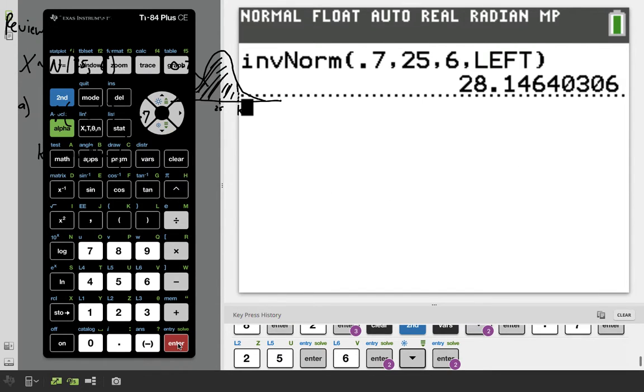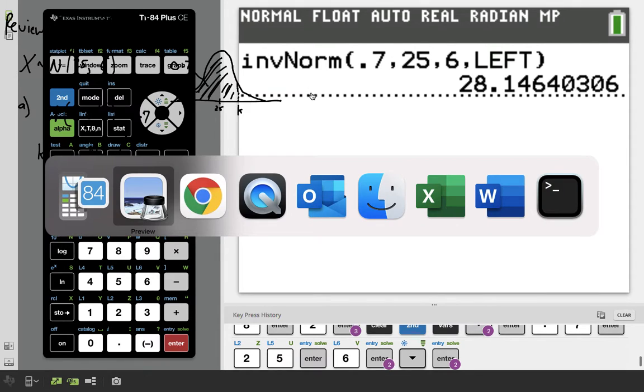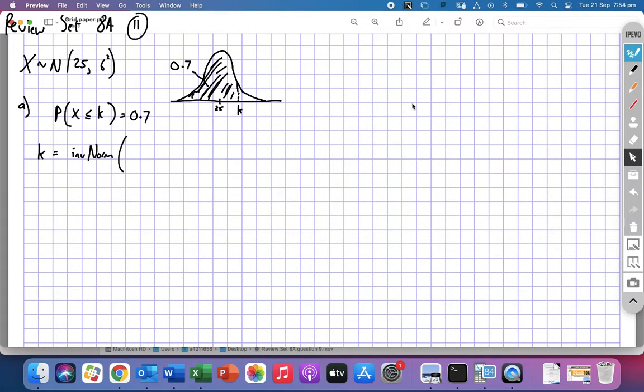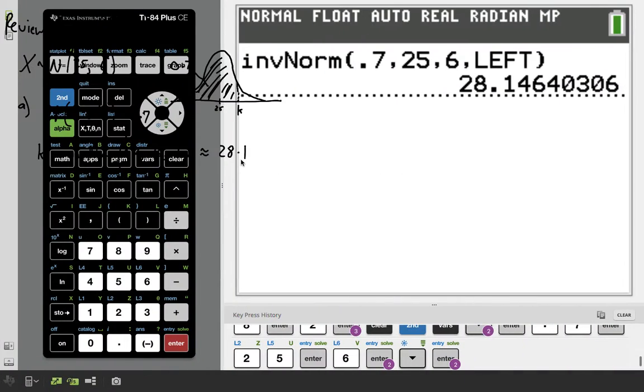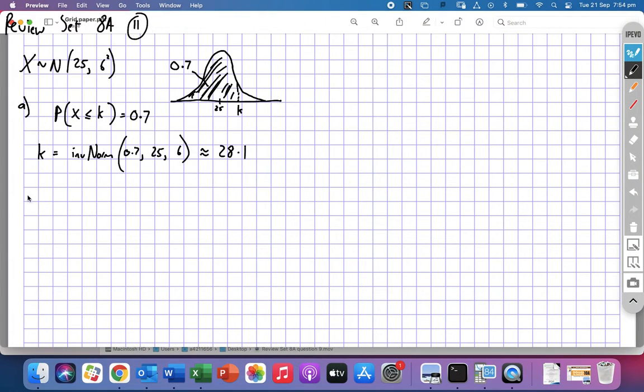Let's find out. 28, right. 0.7, 25, 6. So that can be the working out. And K was approximately 28.1, I believe. Just double check. Done.